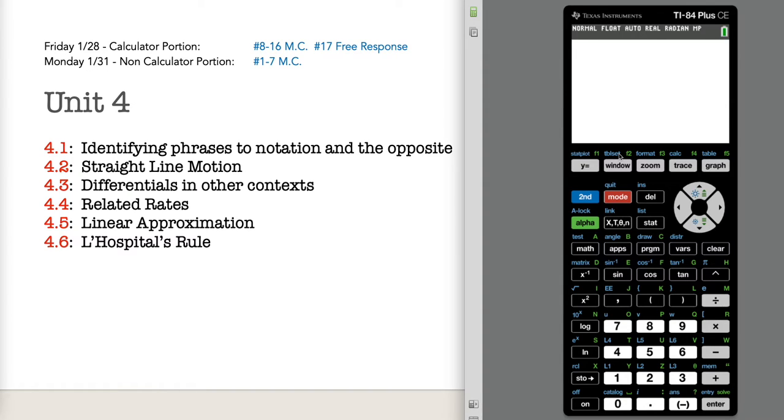Let's say you're given a position function and you're asked to find the velocity at time 4. We have a couple options on how to do that. Now, for one, if you're just answering a single question, you don't have to go through all the work to graph it and put it in y equals and all that, because if you're only answering one question, it's not necessarily worth it to go through all that work.